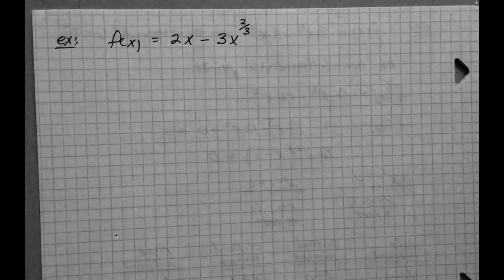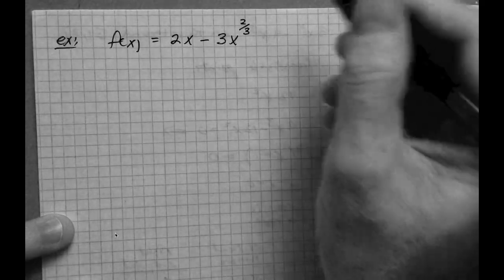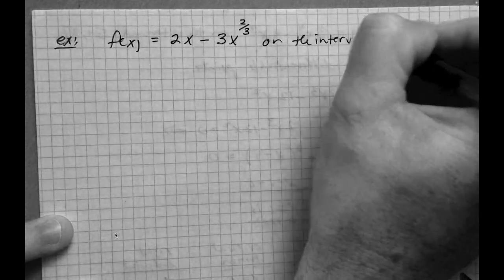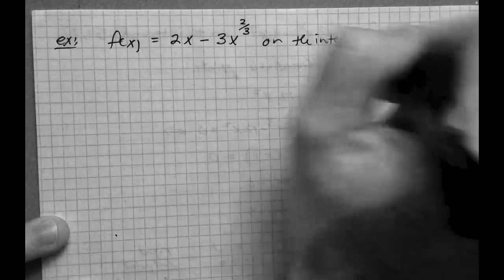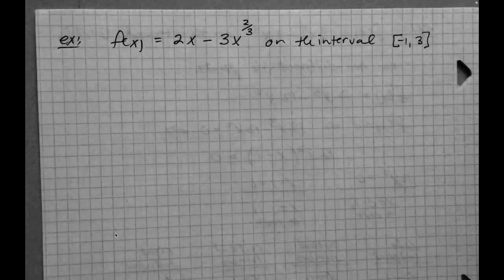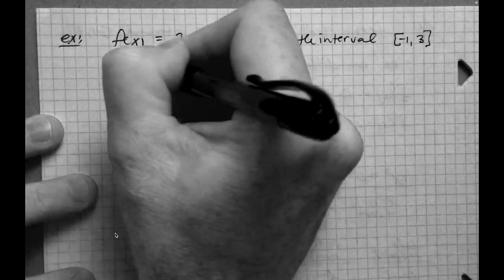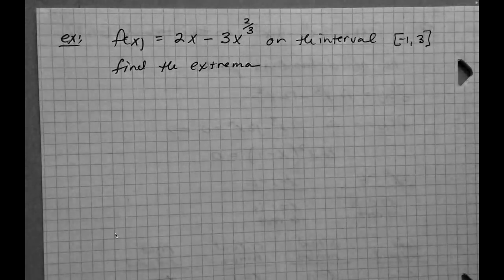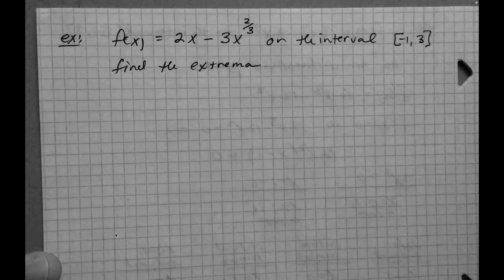And again, we're looking for mins and max on the interval -1, 3. Okay, so you've got this interval, -1, 3, and this function, and our task is to find the extrema, so the extreme points. Okay, well, we're going to follow the same procedure as the last one.